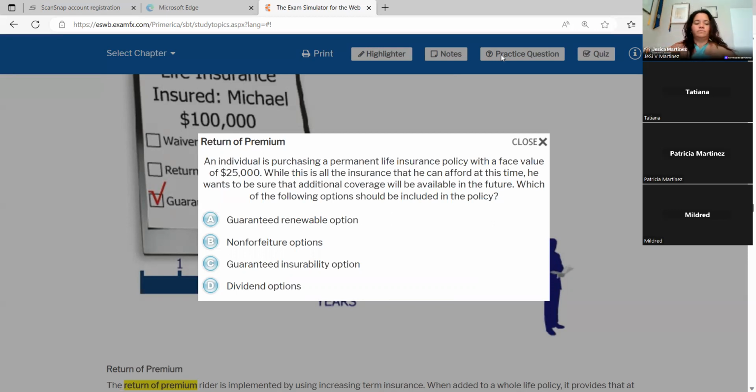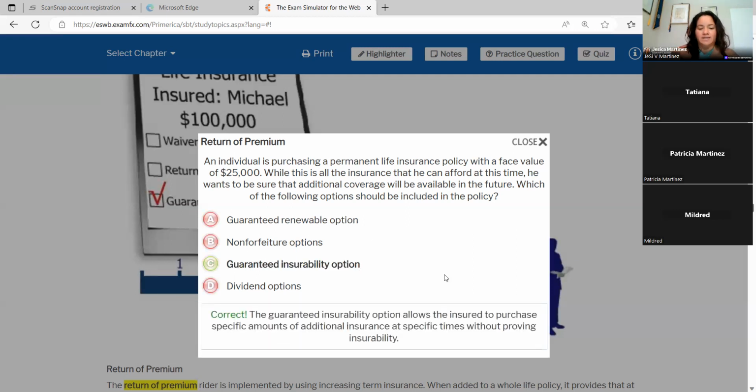All right, so you can take those out. Ellie says we haven't seen B or D yet. D. So guaranteed insurability option.